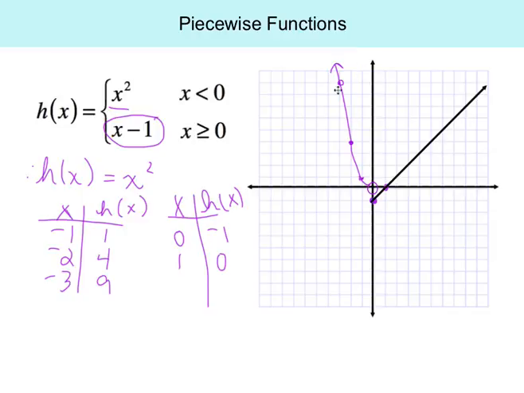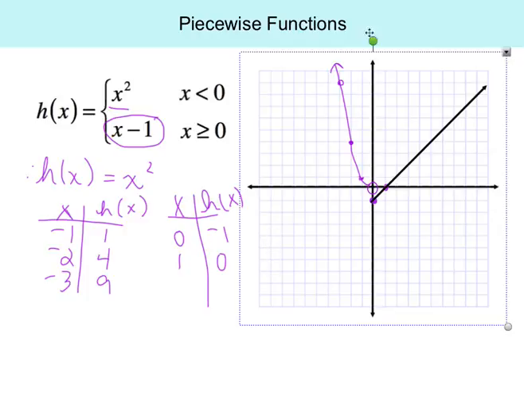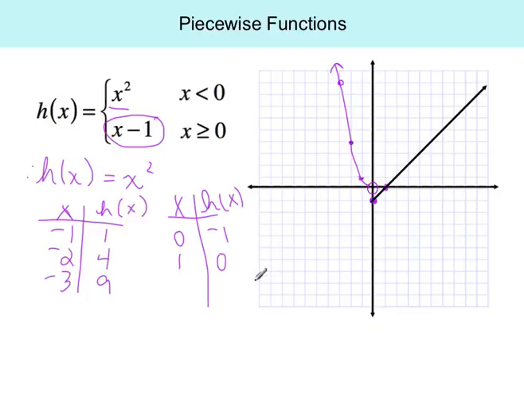If I want to write the intervals where my function is decreasing, increasing, and constant, I would say that it's increasing on the domain, negative infinity to 0, and it is increasing, I meant decreasing, hold on, let's rewrite that.